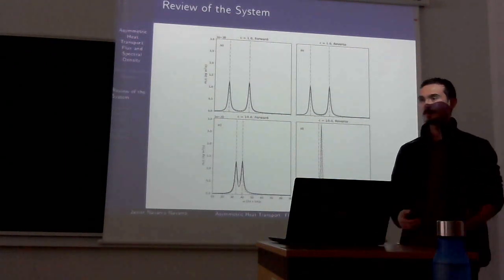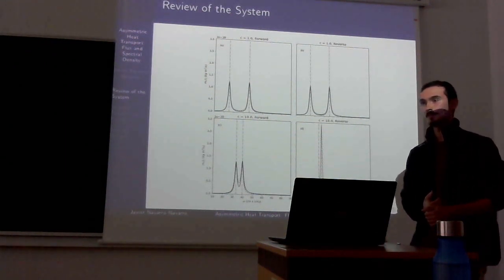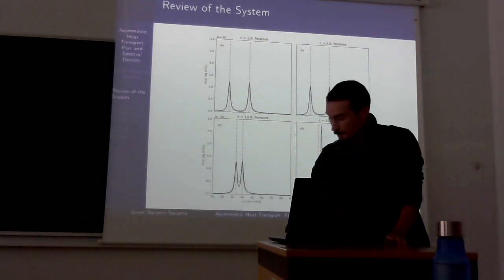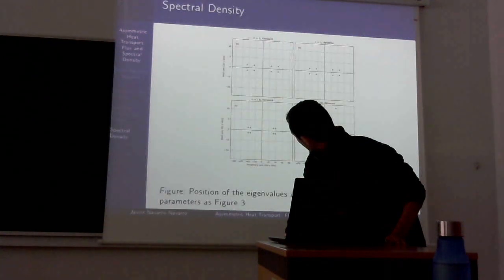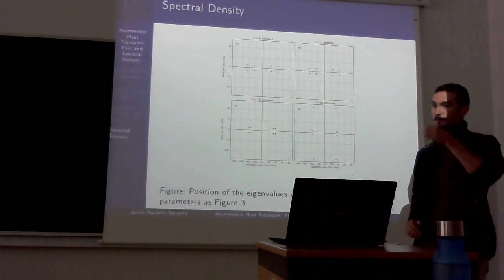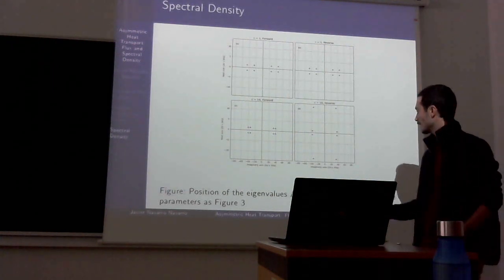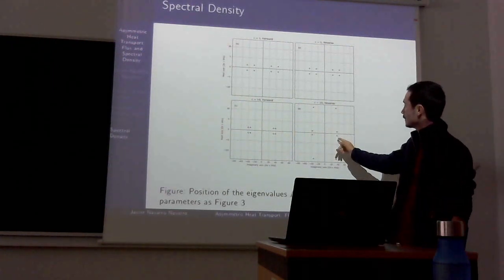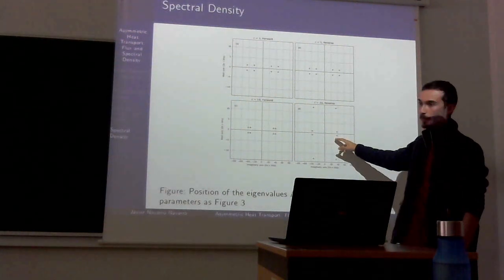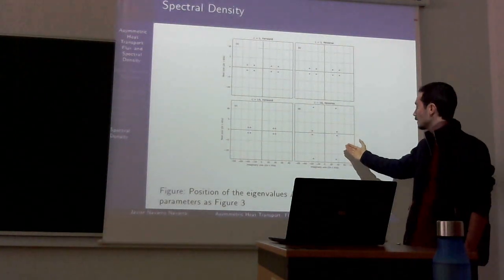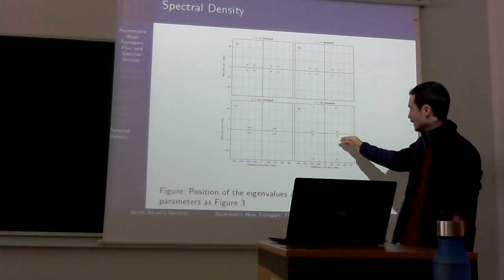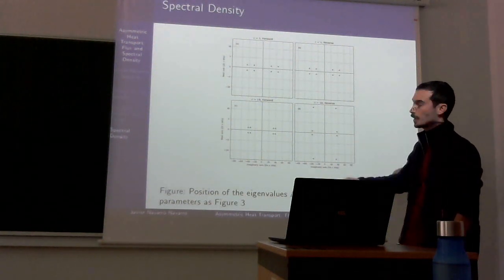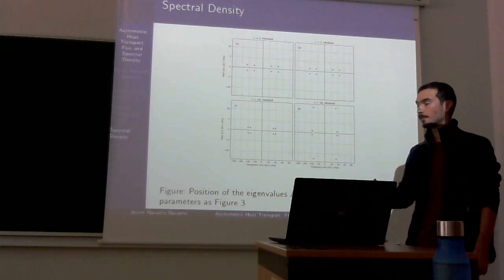You said something before about one of the poles. We know that each pair of poles produces a peak, and the position of the peak is given by the imaginary part, and the real part is associated with the decay of this mode.